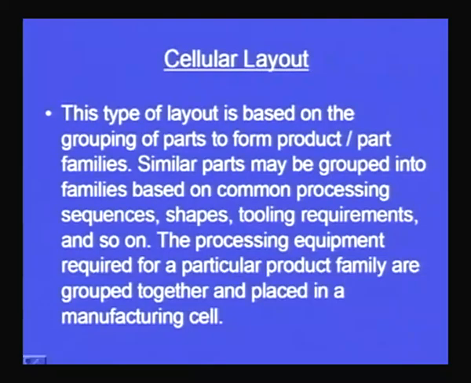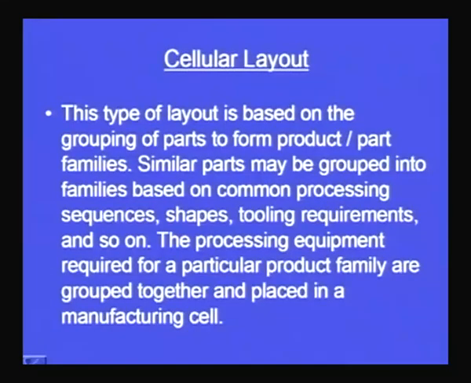These 3 types of layouts are the product layout, the process layout, as well as the fixed position layout. All these things we have already covered. Now, we are going to cover the latest type of layout being used in industry these days, and that is the cellular type of layout.